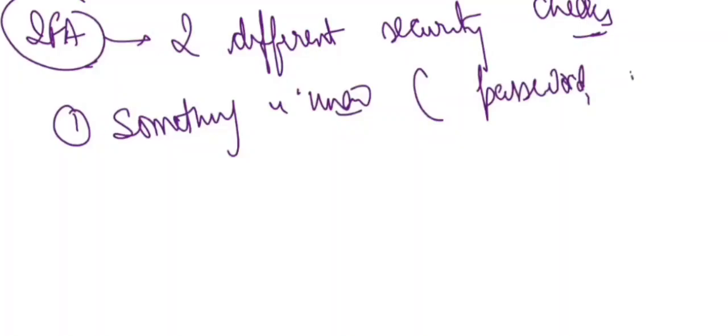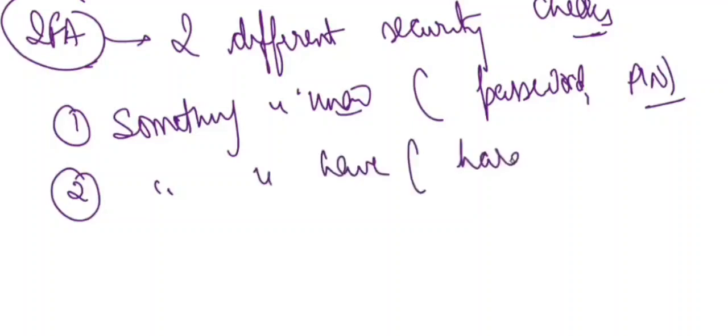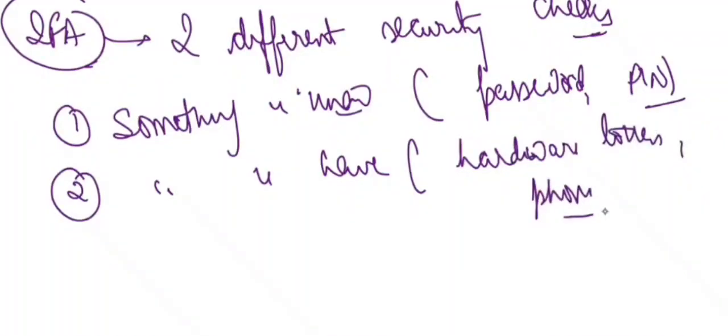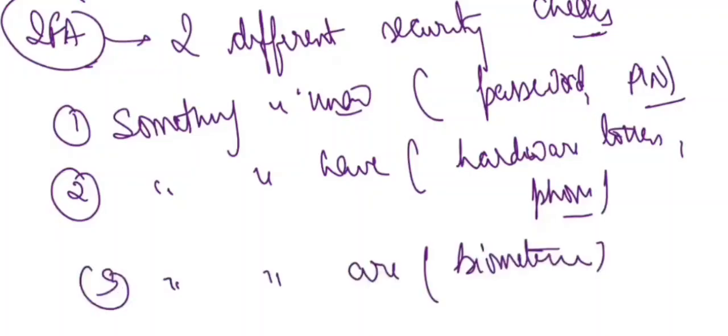The second is something you have, like a hardware token or a phone. And the third is something you are, so biometrics like fingerprint or face.